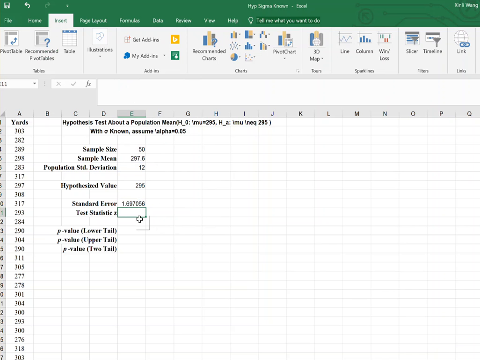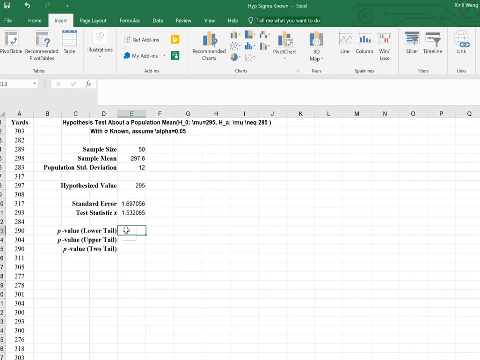So the test statistic, that value becomes x minus mu over sigma x. So that's sample mean minus, that's our mu value. So I'm going to use this x minus mu divided by sigma x. Divided by sigma x value is here in the previous row. So there we have it. So that's the test stat.